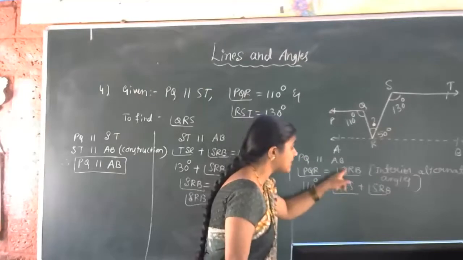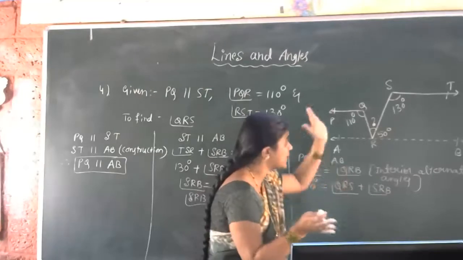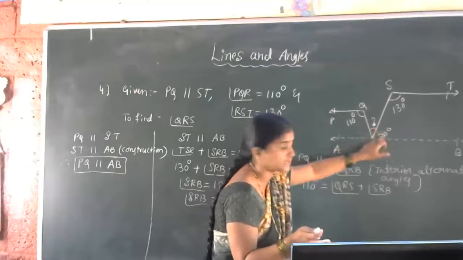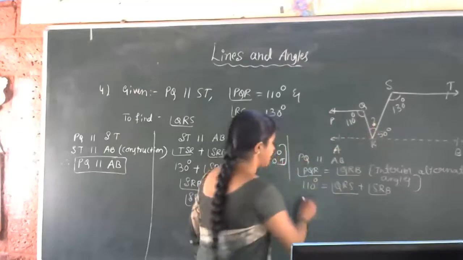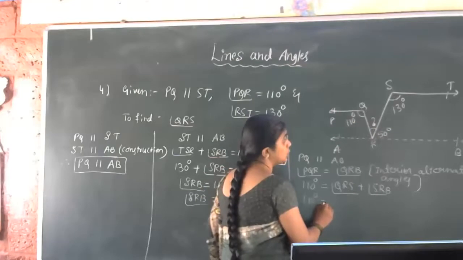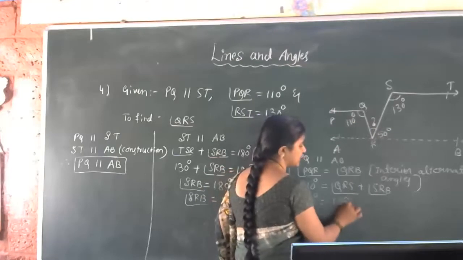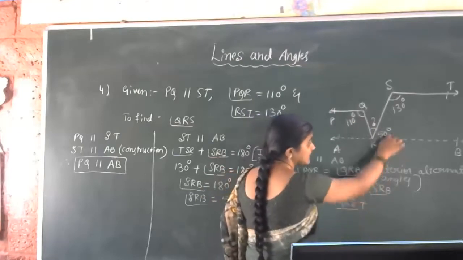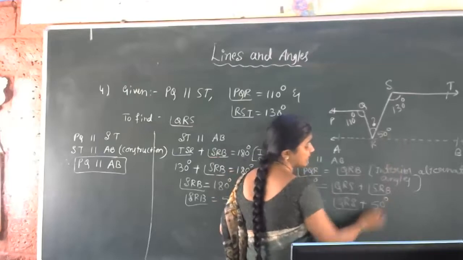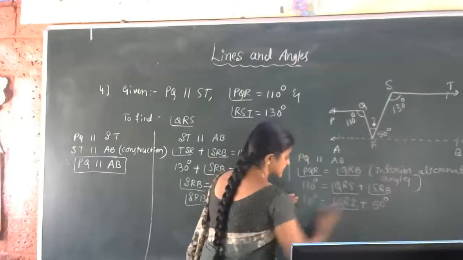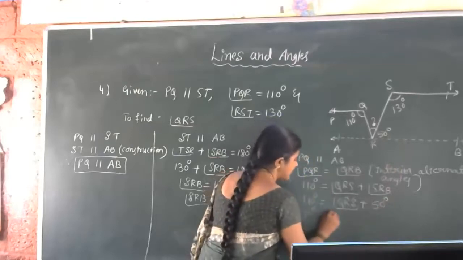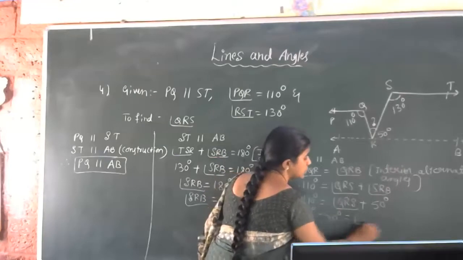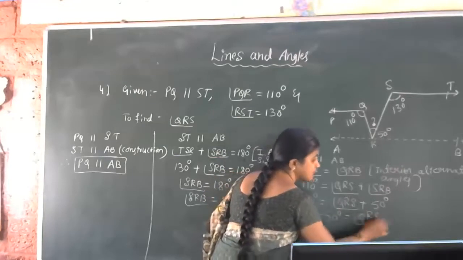QRB is divided into two parts, QRS plus SRB. Now 110 degrees is equal to QRS, which is unknown, that one only we have to work out, plus SRB, which we just got as 50 degrees. Is that clear? Now take this to this side: 110 minus 50 degrees is equal to angle QRS.